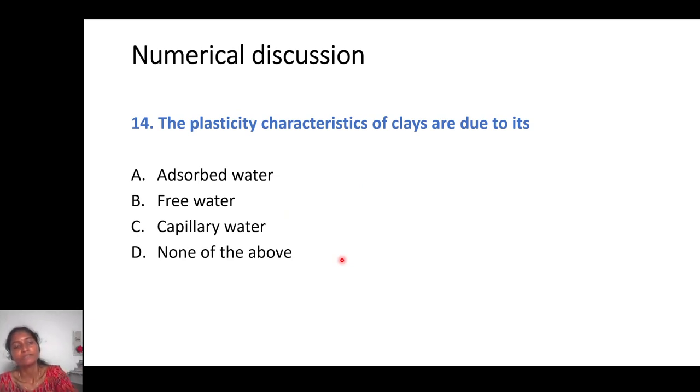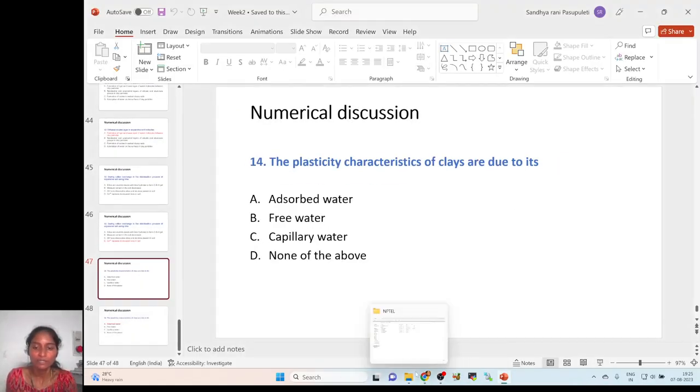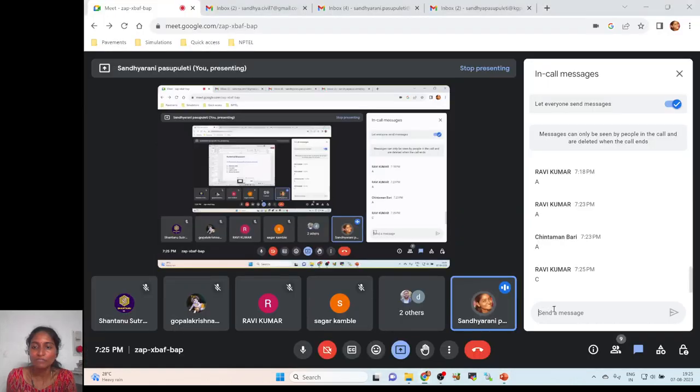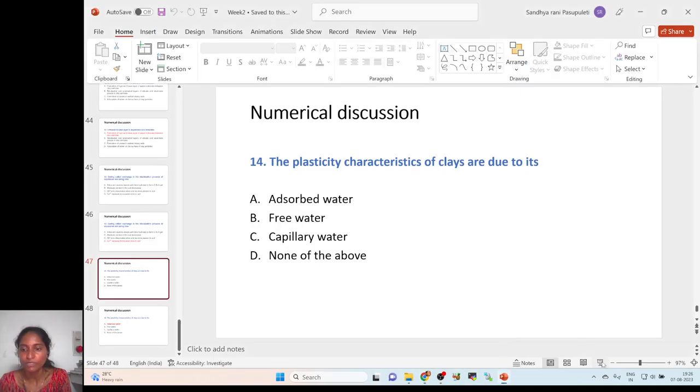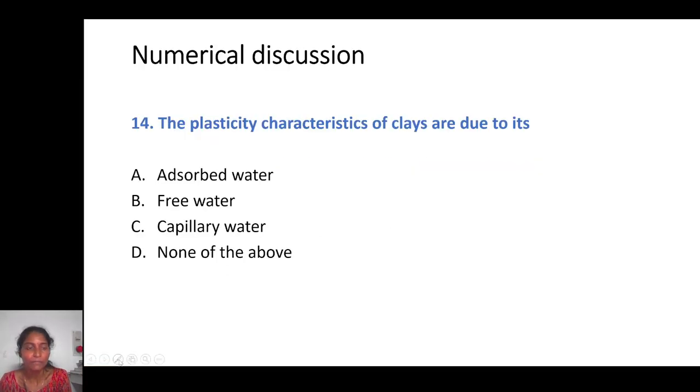Any guesses? Is it adsorbed, free, capillary, or none? Every time whenever we are determining the plasticity index, that plasticity index value of each soil is because of what? Ravi says option C.